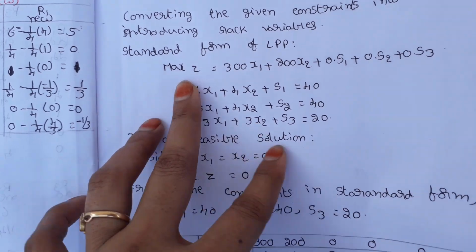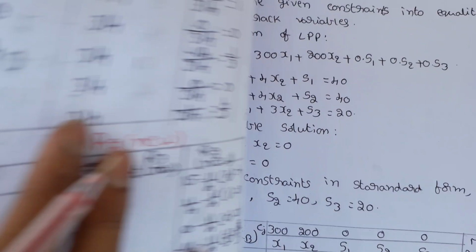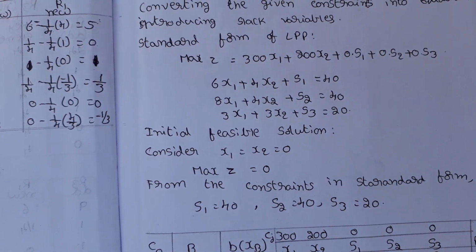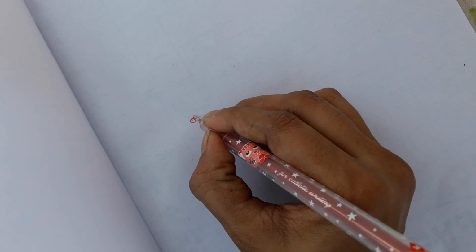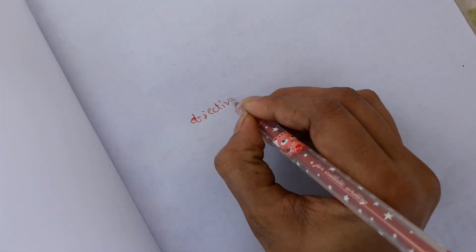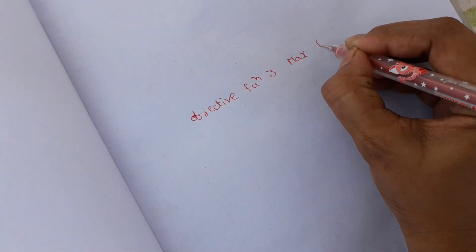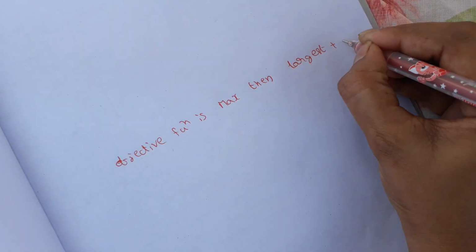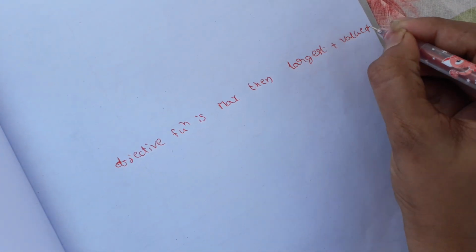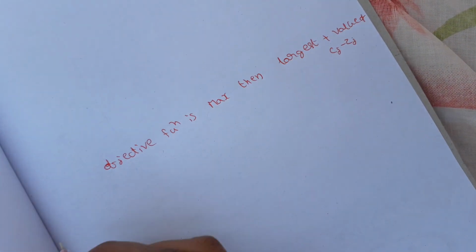When the objective function is a maximization function, then the largest positive value of Cj minus Zj will become the entering column or pivot column.